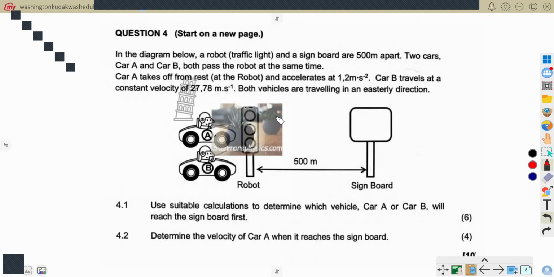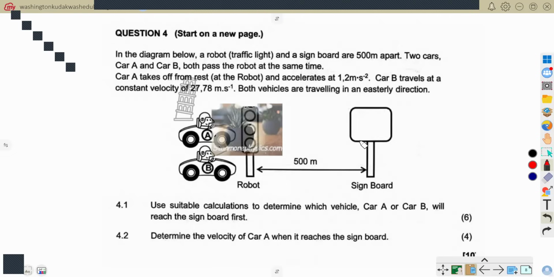Car A takes off from rest and accelerates at 1.2 meters per square second, and car B travels at a constant velocity of 27.78 meters per second. Both vehicles are traveling in an easterly direction, so both cars are going this side.